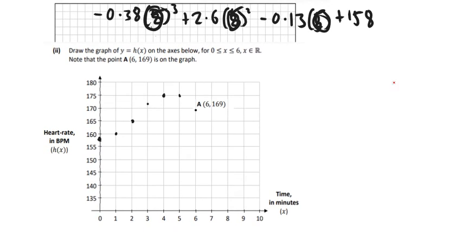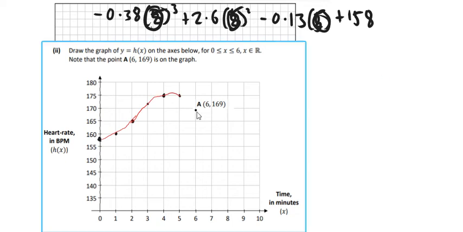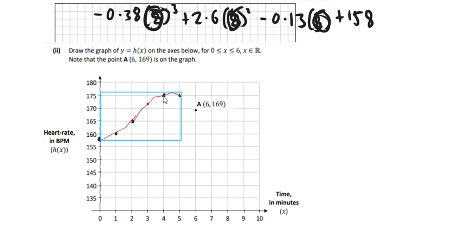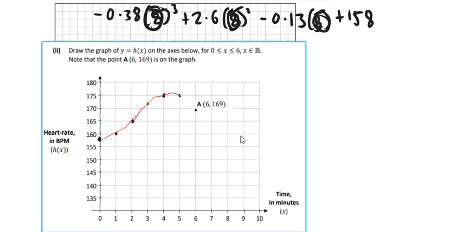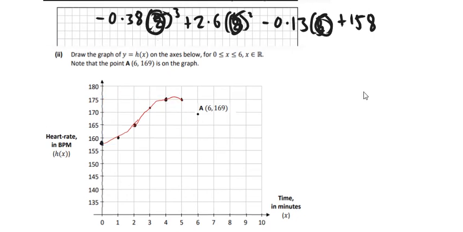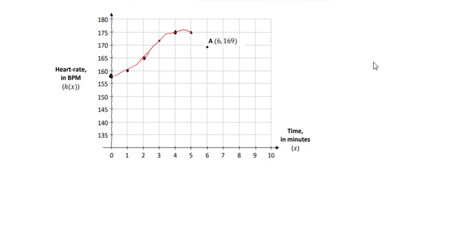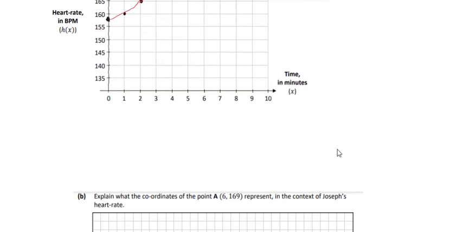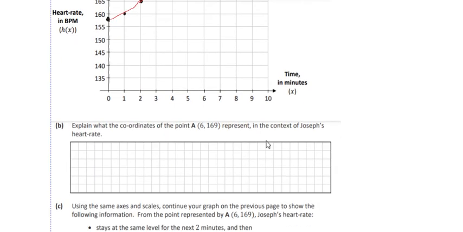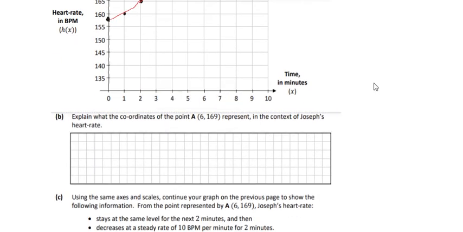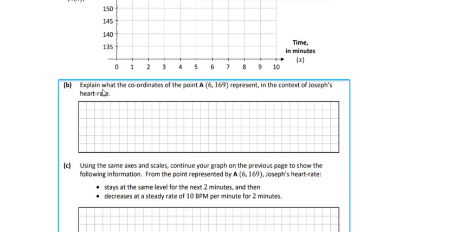Then you just have to be careful and fit in the curve as best you can. The curve should go a little bit above those 2 points as well, because it kind of goes up and down.